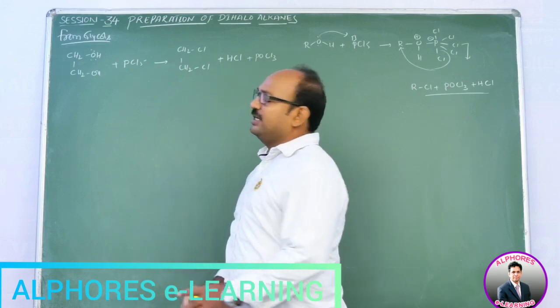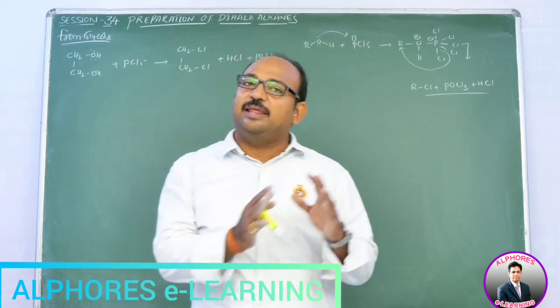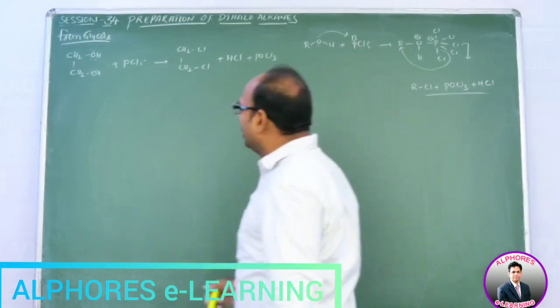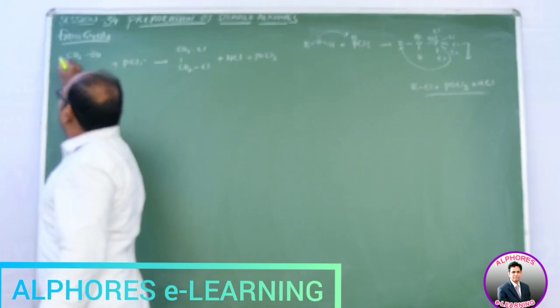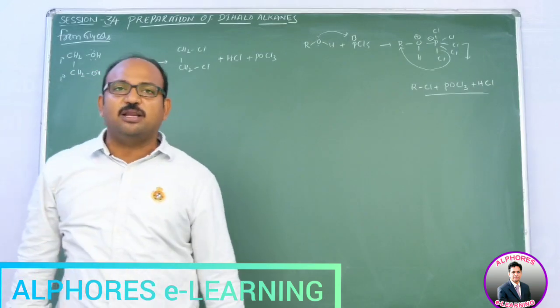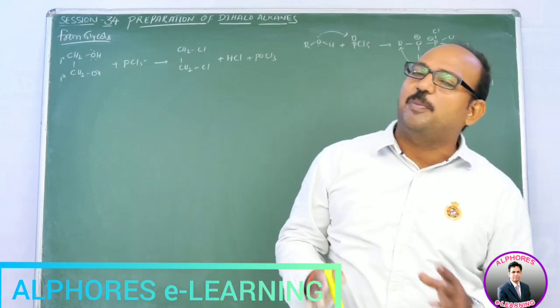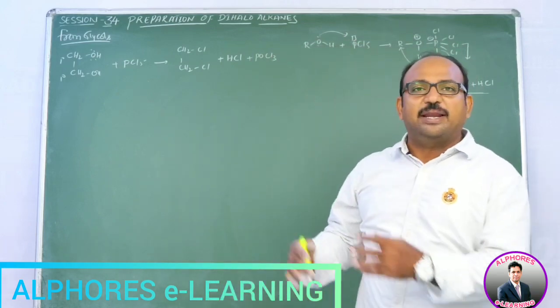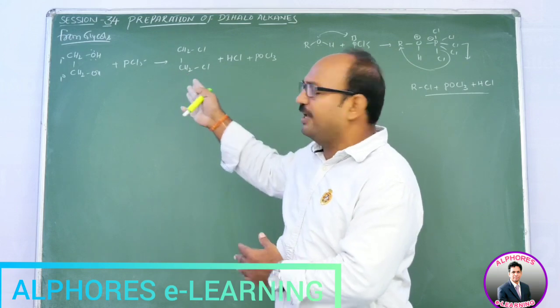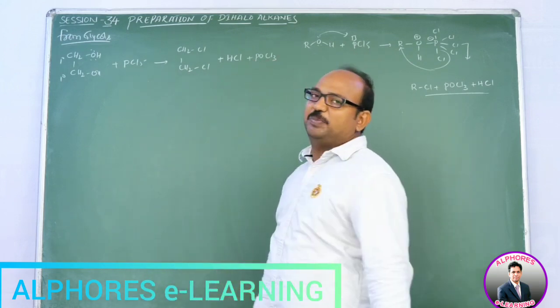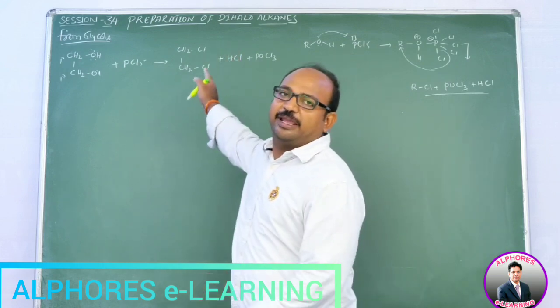So in this reaction, primary alcohols upon reaction with PCl5, because both the OH groups are primary, give alkyl halides. Both the primary alcohol groups upon reaction with PCl5 give ethylene dichloride.